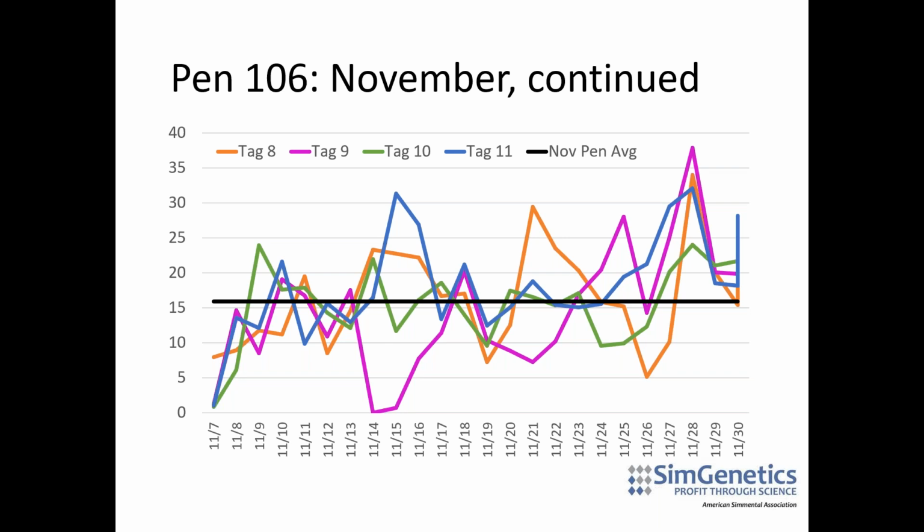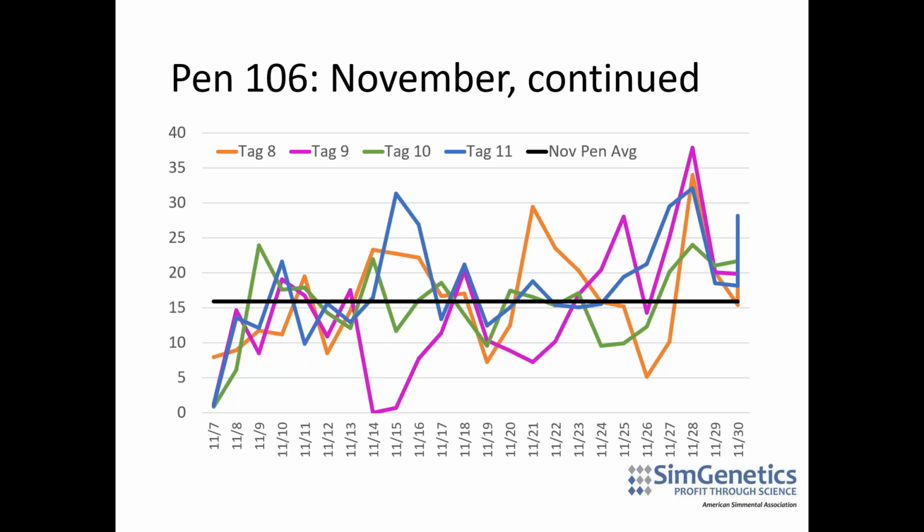And so you might say, well, Rachel, was this because this calf was sick? And I would say if he was, he didn't have symptoms in which he showed that he needed to be doctored, because pen 106 has not received any medication throughout the feeding period.